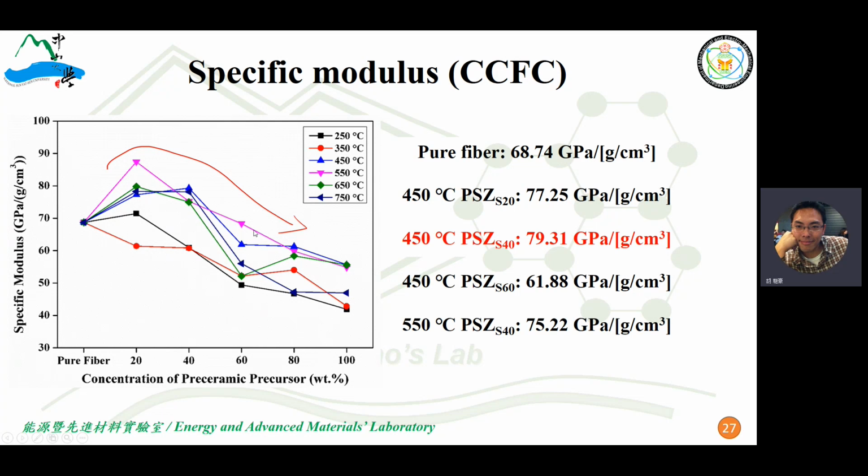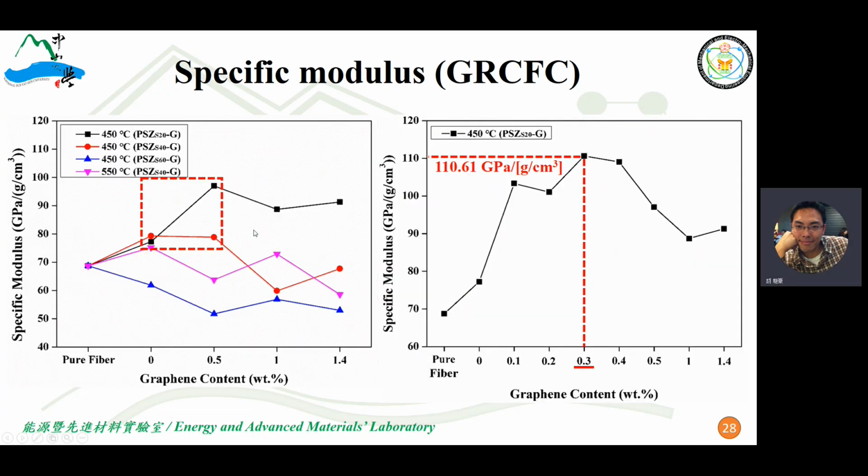So let's look at the specific modulus of the graphene content, and when the graphene content is about 0.3 weight%, yes, the highest specific modulus.